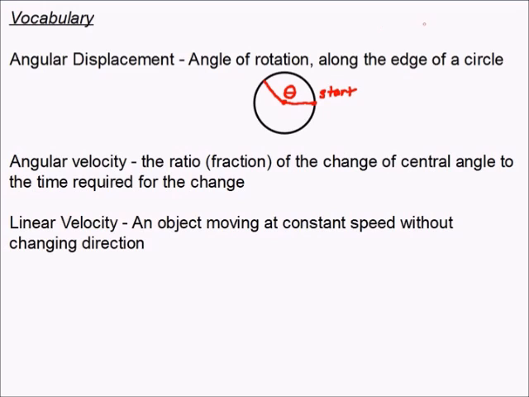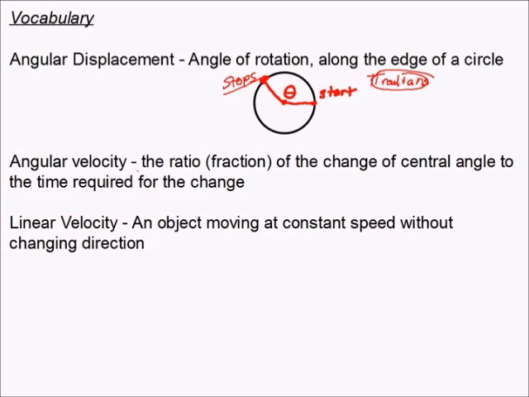So how wide does this angle open basically along the edge of the circle? Our dot where it starts is going to follow that angle until it stops. We will be using radians. So I want you guys to remember that.